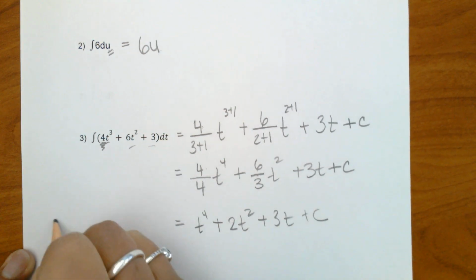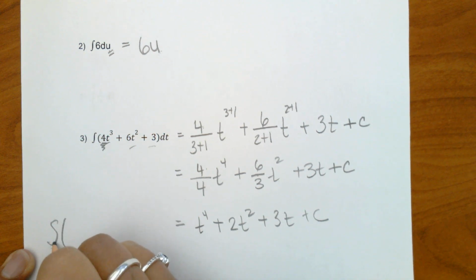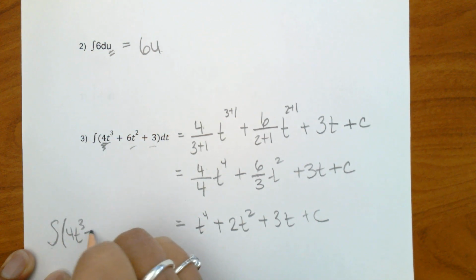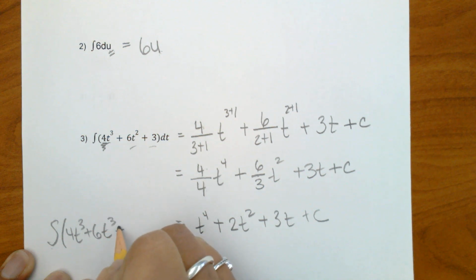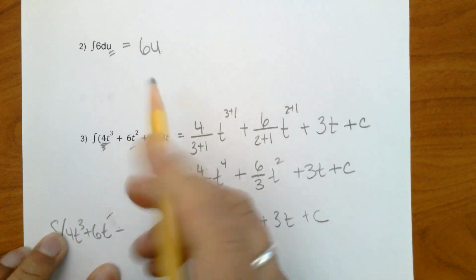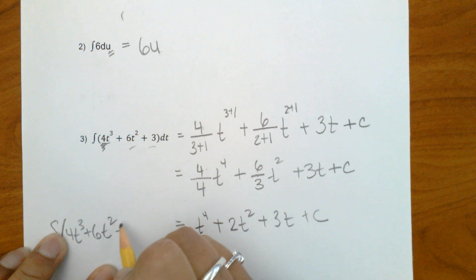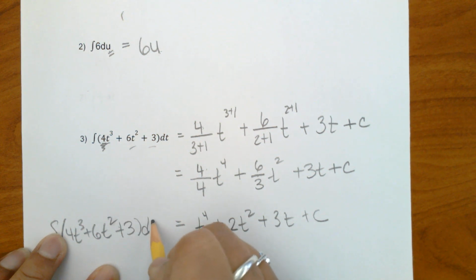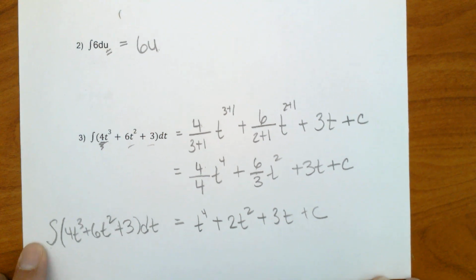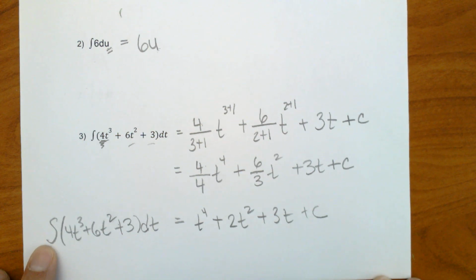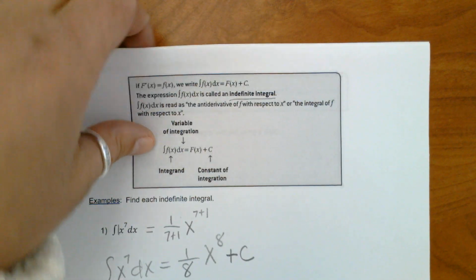What we did here was we took the antiderivative. That's this symbol right here. When you see that symbol, it wants you to take the antiderivative of what follows it. And that's it. We need the antiderivative in order to use it for the fundamental theorem of calculus.